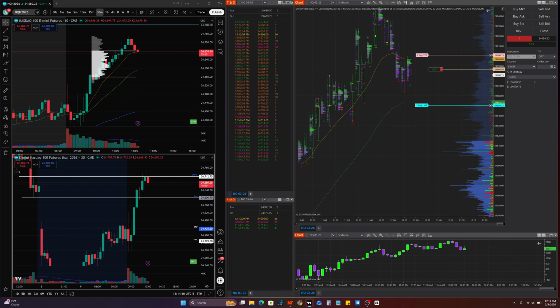ES on the other hand has rejected the value low of yesterday, like on the tick. It's also rotating towards the downside. The VIX is getting support down here as well, and it's moving up. Obviously when the VIX goes up, the NQ and ES will rotate towards the downside.